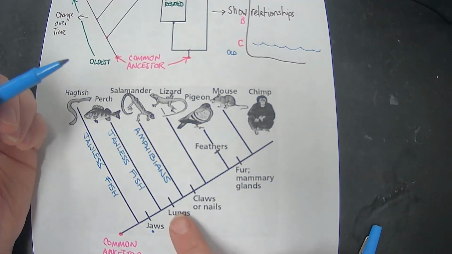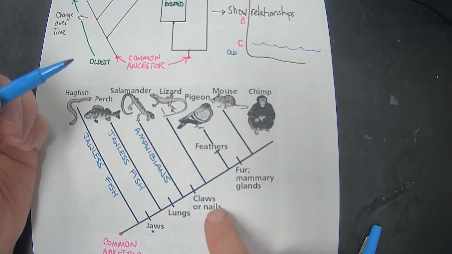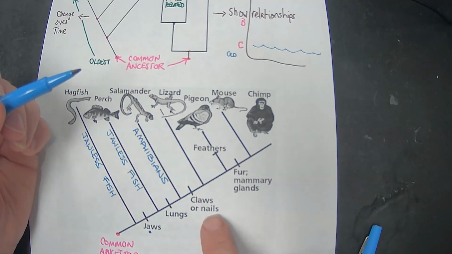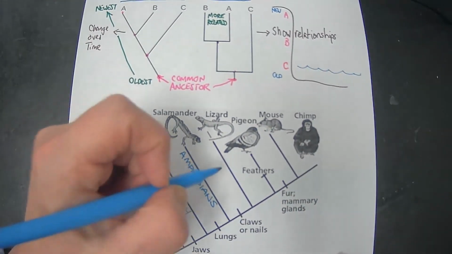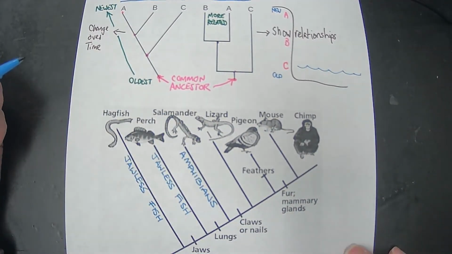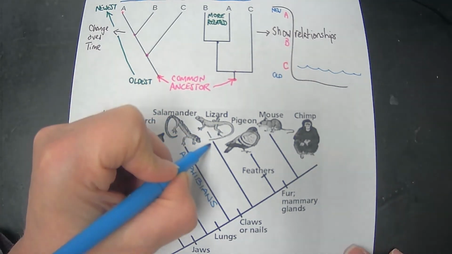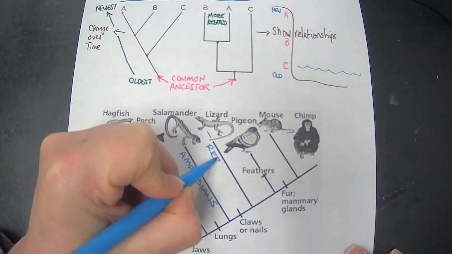Once the amphibians had colonized the land, the next thing we find in fossil records are claws and nails. And that gives rise to animals which can live on land all the time. And there we get the reptiles.